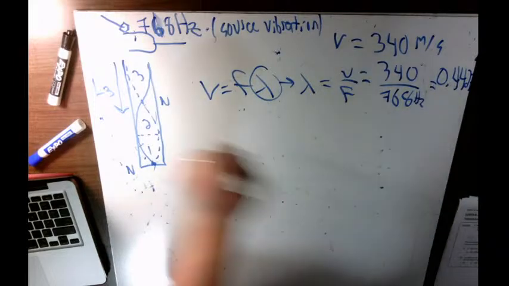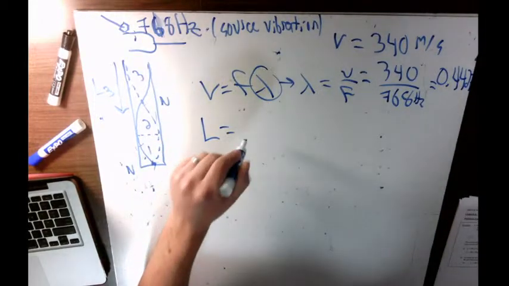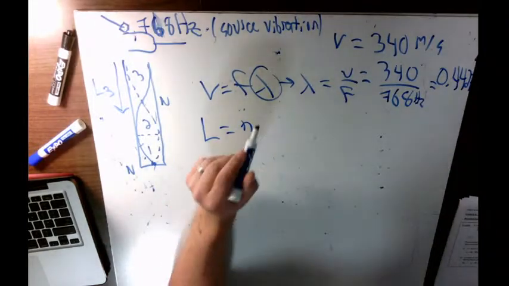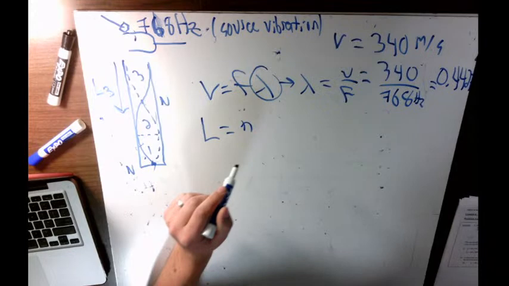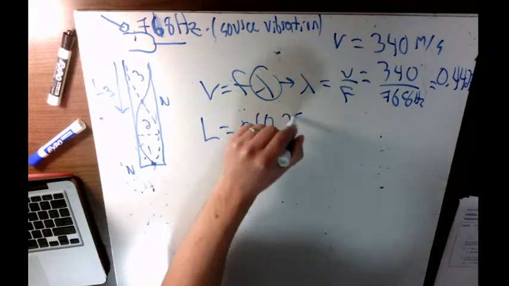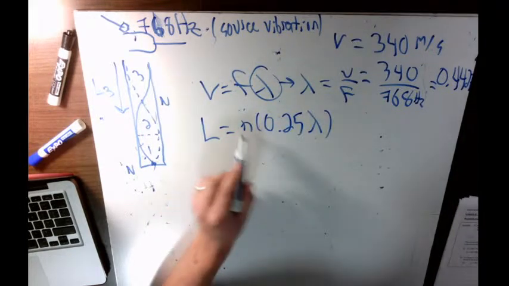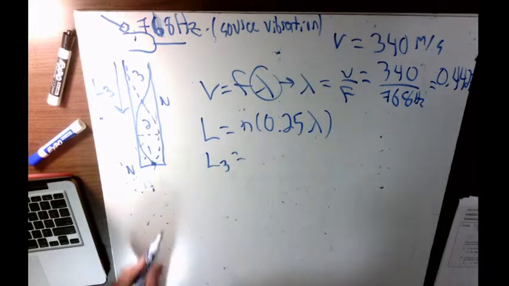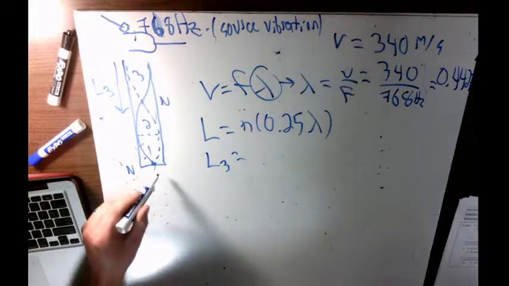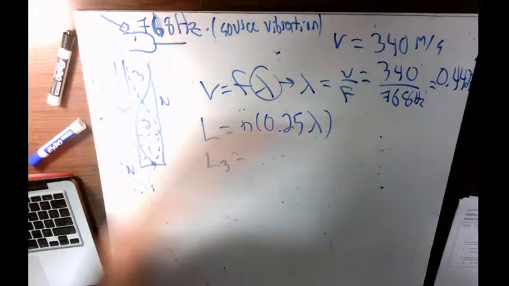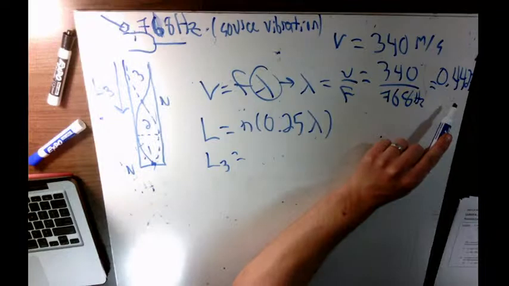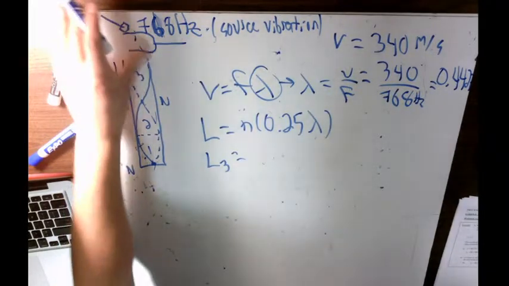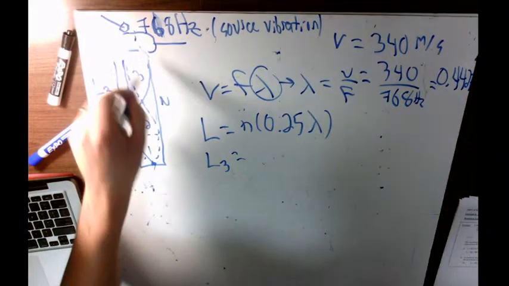We're looking for the length of our third harmonic, and we're going to use our formula for closed air column, where it's a quarter or 0.25 of the wavelength times our harmonic number. So the third harmonic, right, another way to look at this is we don't quite have a full wavelength. We're not quite going to be 44 centimeters. We're 3/4 of it. We would have to have that last half loop, last quarter wavelength.